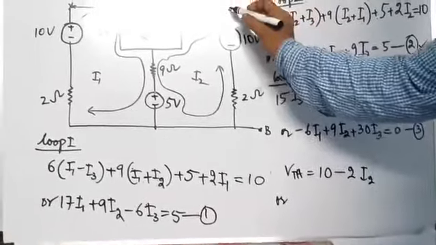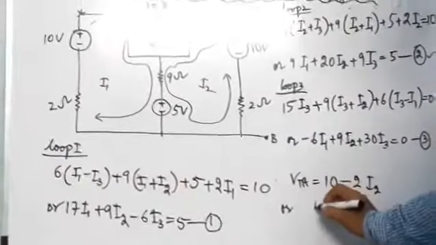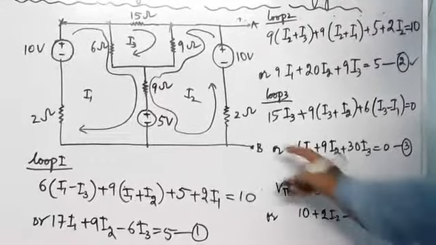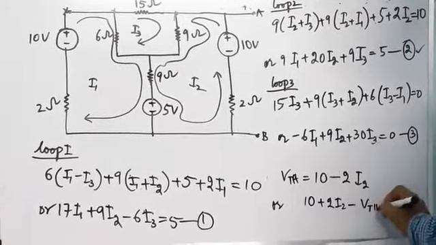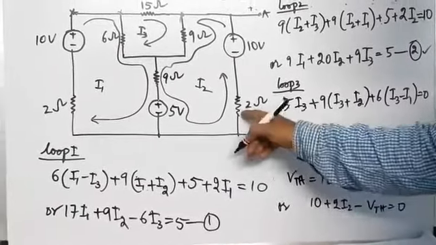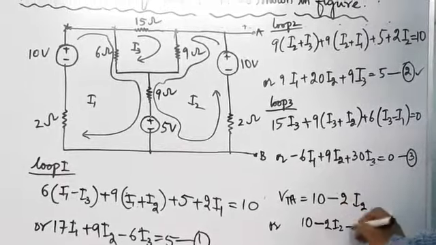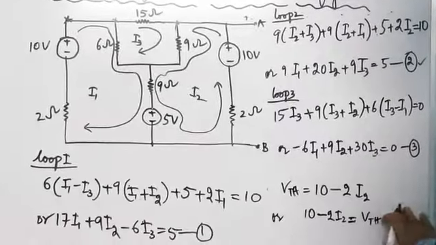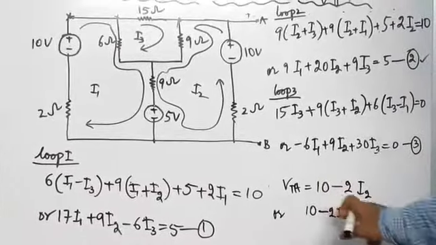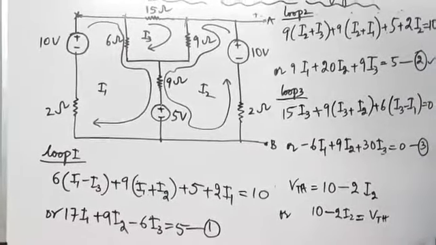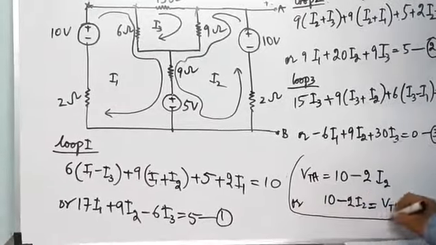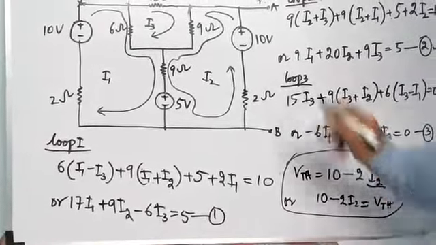So first, 10 volt plus 2 I2 minus VTH is equal to 0. Here our direction is downwards, but the direction of current is opposite, so you have to change it to minus. So minus VTH becomes equal to either this or that. You can do it. That means finding I2 is important here.